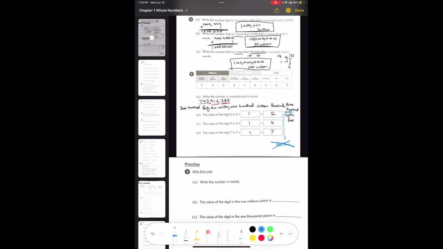So we find 2 here, and there's 2 right here. So count the number of zeros: 1, 2, 3, 4, 5, 6. So this is actually 2 times 1 million, which means that the answer here is 2 million.